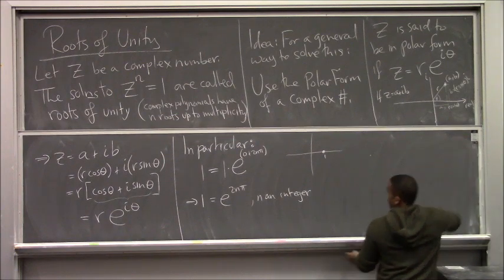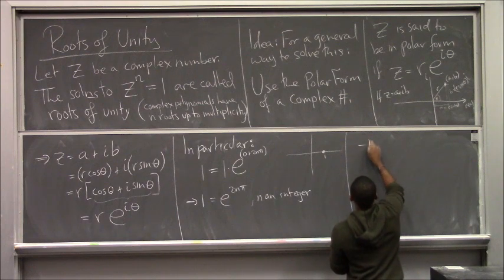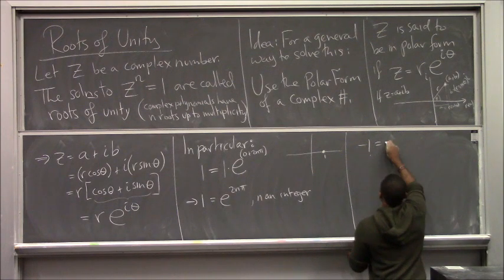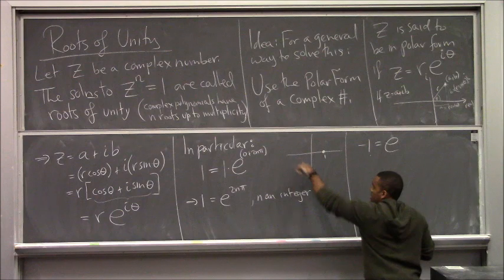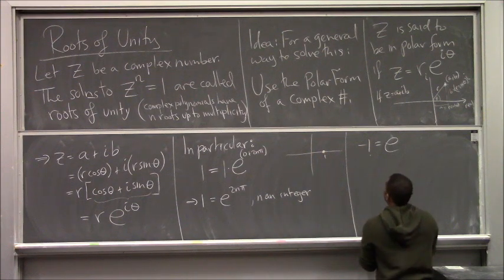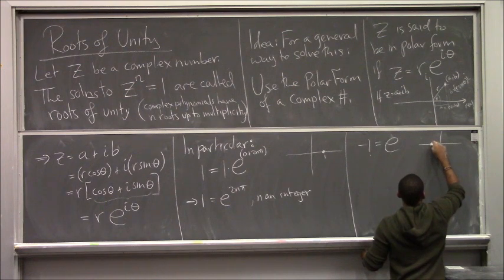I can also think of the number -1 in a similar fashion. This is theta, it's all the ways I can go around. What about -1? Well, this means I'm at this position here. What is that angle?